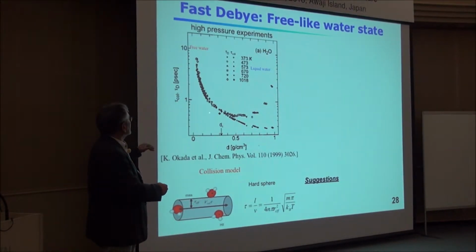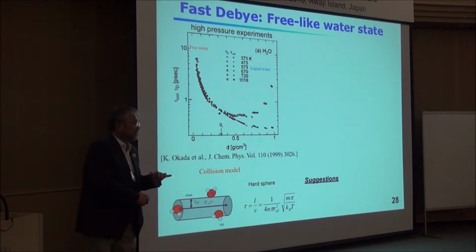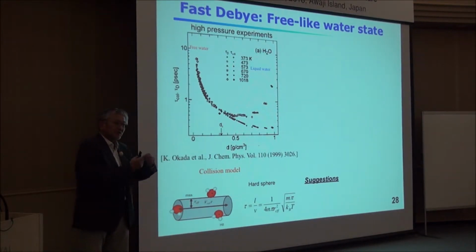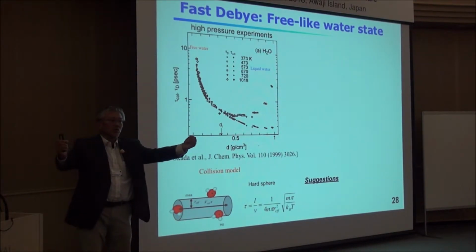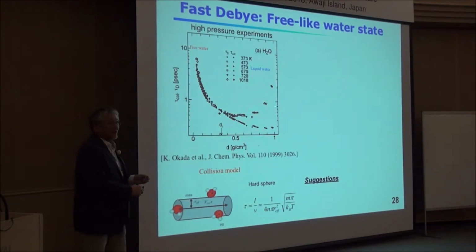But if you increase the density, the relaxation time decreases. But after the critical point, they separate into two. So this is the conventional Debye, and this one is some free-like water.